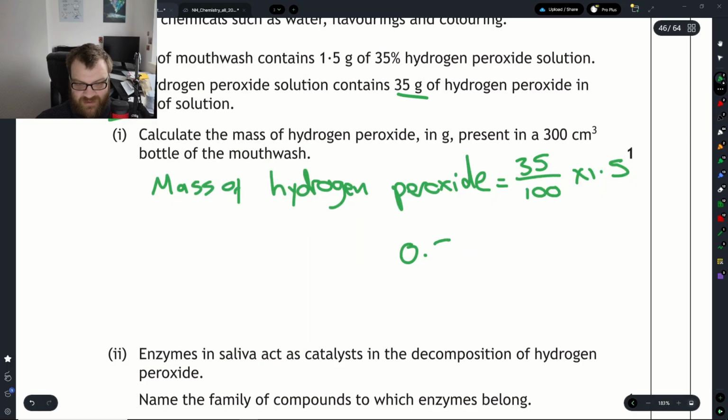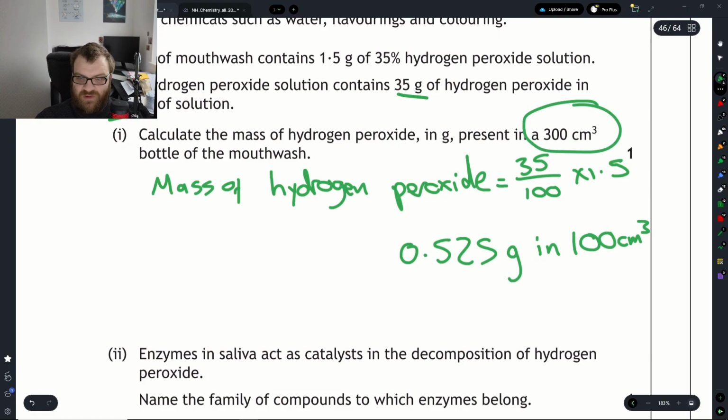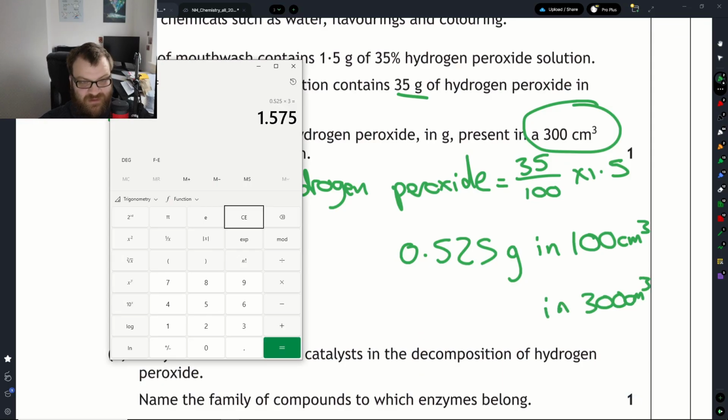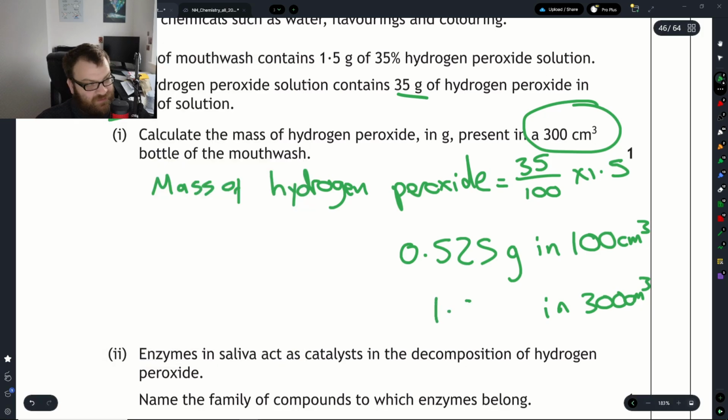It'd be 0.525 grams in 100 centimeters cubed. We are told about 300 centimeters cubed. So if we want to work out how many grams would be in 300, we want to times that by 3. Same answer. Times by 3, 1.57 grams.